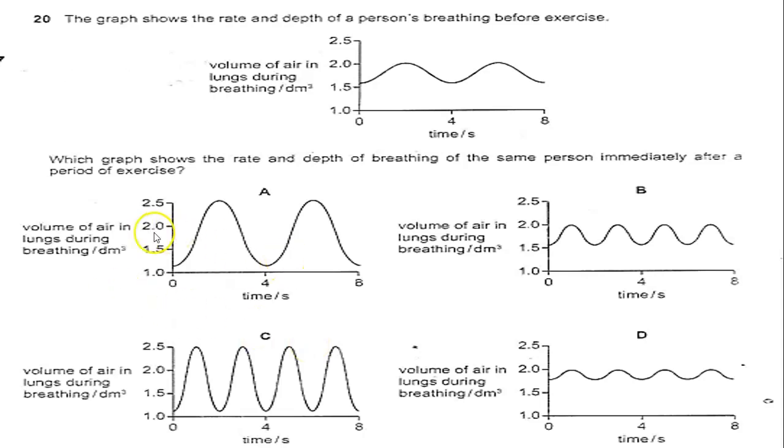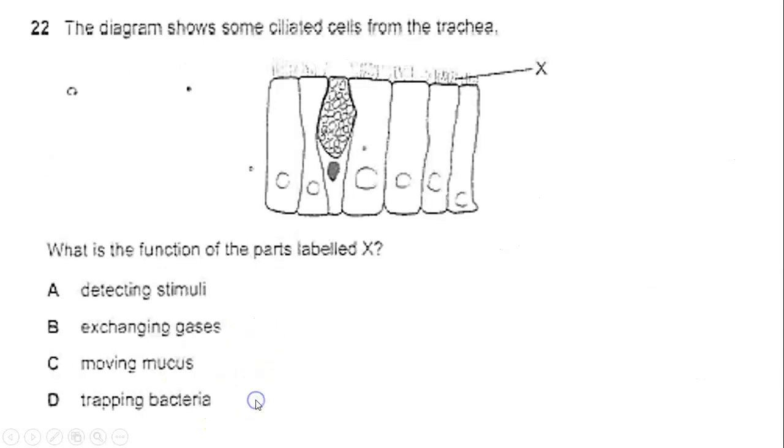So of course it can't be this one. Why? Because here the depth increased, yes, but the rate is the same. We have two waves, it's the same. Here we have a huge increase in the rate, but the depth is the same, no change. Here we have more rate, but less depth. So this one is the correct one. Why? Because it contains more rate and more depth.